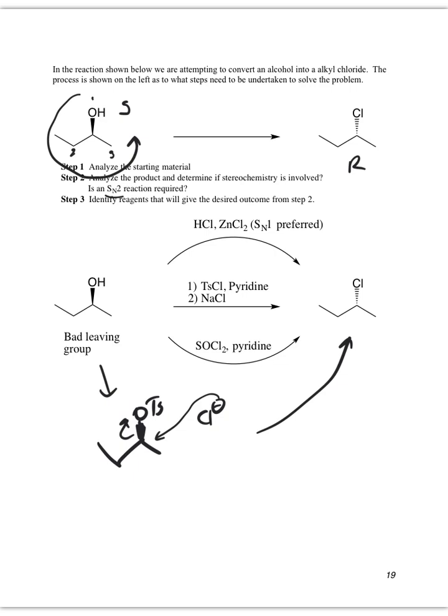Or we can do it with thionyl chloride, which will invert it once also. So either of these two ways would work for this reaction to give us the inverted product. But the first way, HCl and zinc chloride, since that prefers an SN1, would not give us this product. It would give us just the racemized alkyl halide.